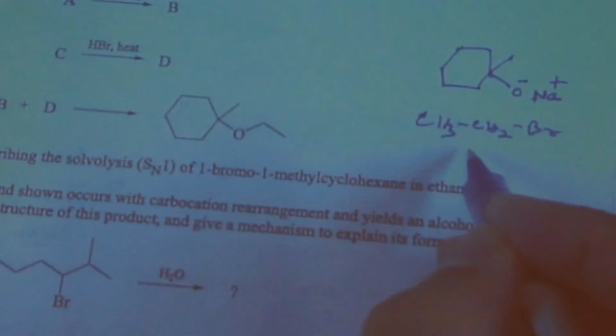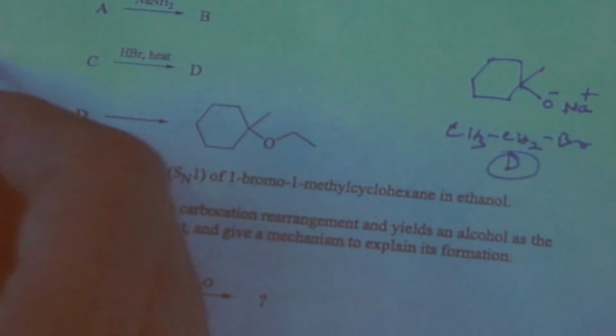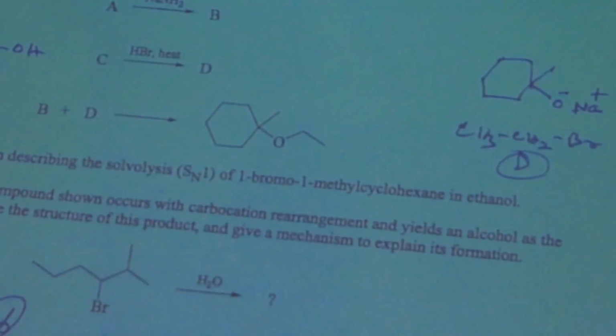So these two are B and D, and because you used HBr, C must therefore be CH3CH2OH, which forms D after HBr. And therefore A would be, because you're using sodium amide, which forms the sodium salt, the corresponding alcohol. That would be A. Right?